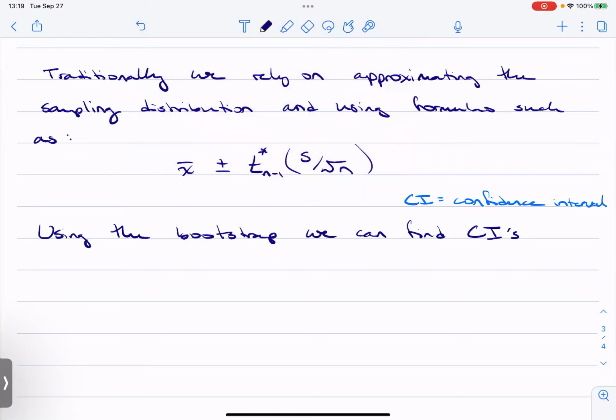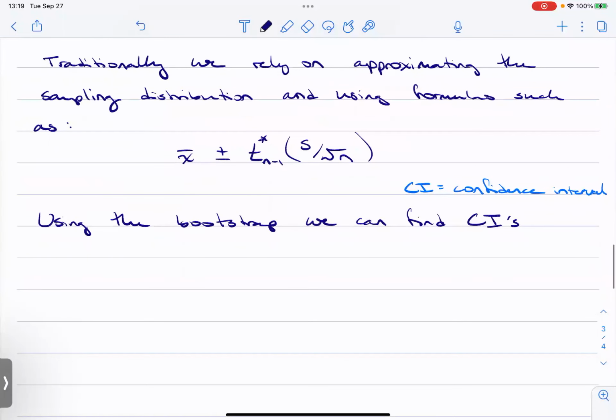Using the bootstrap, we can find confidence intervals for any estimate or any statistic that we're interested in. CI equals confidence interval. As long as we're able to bootstrap our way to a sample of that statistic, then we can find a confidence interval. That means we don't need to know all these formulas that we worked on in Stat 230. We should know that they exist and people use them, especially in academia, but in terms of getting information to the people, we don't really need that anymore.